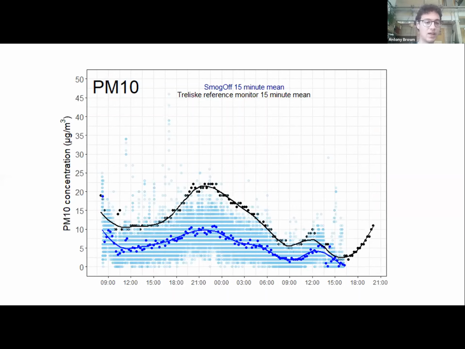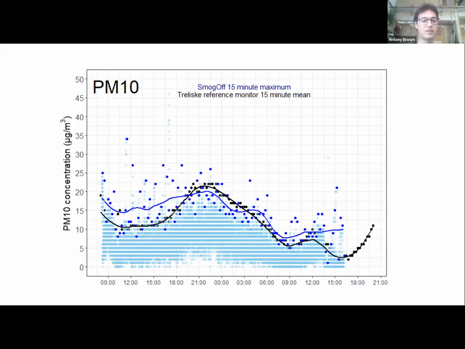Basically the pattern shows good agreement, but the absolute values don't match quite as well. If we change the 15-minute mean to the 15-minute maximum of our Smog-off sensor, we get much higher agreement. So there are ways to tweak the data processing so that it matches really well with the reference station.